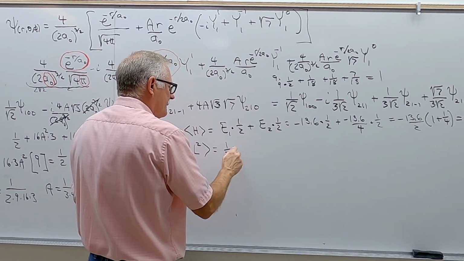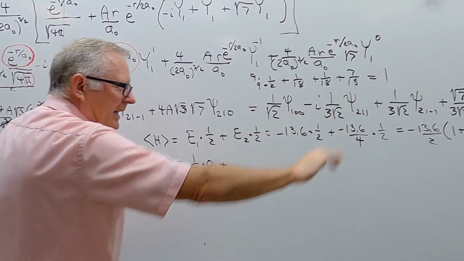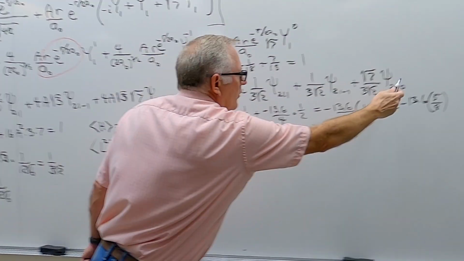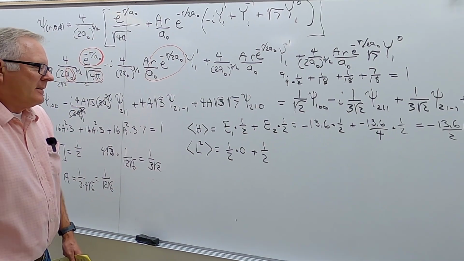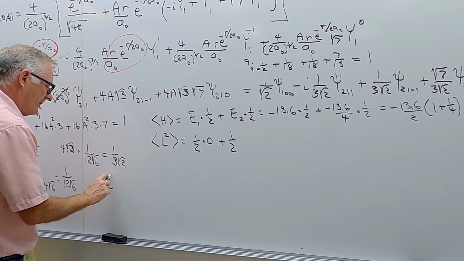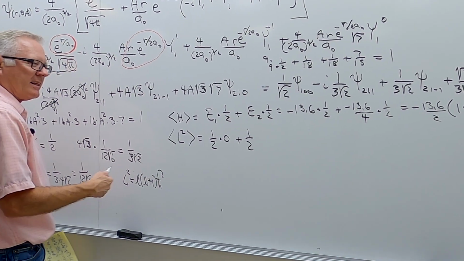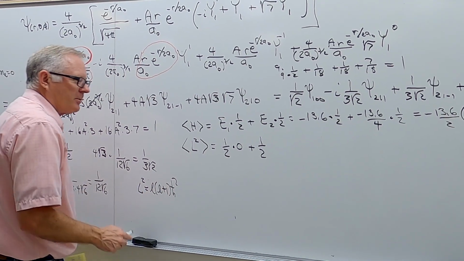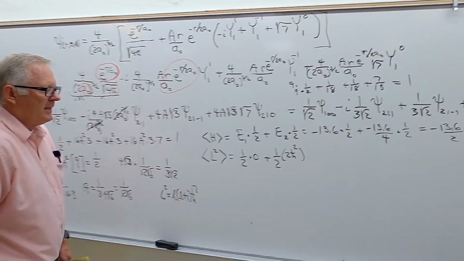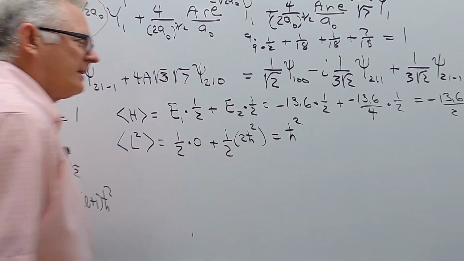Since L is 0, this is times 0. Plus, all the rest has a probability of 1/2, because they all have L equal 1, times the value you could get with it. Remember, L squared is equal to L times L plus 1 h bar squared. When L is 1, that's 1 times 2, it's 2 h bar squared. Okay, and plugging that in, that's just h bar squared. Okay, that would be the average.